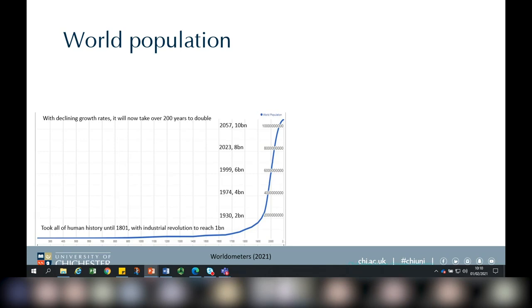So it took from year 0 to 1801 to reach the first billion, but with industrialisation it's significantly escalated. However, there has been a reduction in the growth rate, and that reduction is likely to continue, and that has nothing to do with COVID. There are a number of reasons why we are having a slower growth rate than we have been.